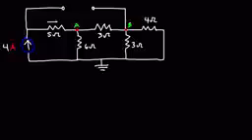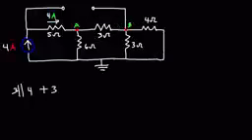So we know that we have 4 amps of current flowing through the 5 ohm resistor. Now, these two resistors are parallel to each other, and then those two resistors combined are in series with the 3 ohm resistor. And then this entire network, we'll leave it at that for now.